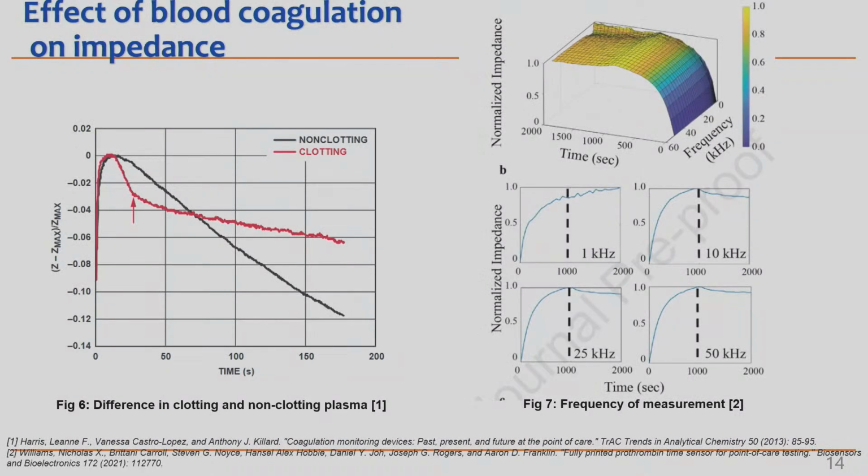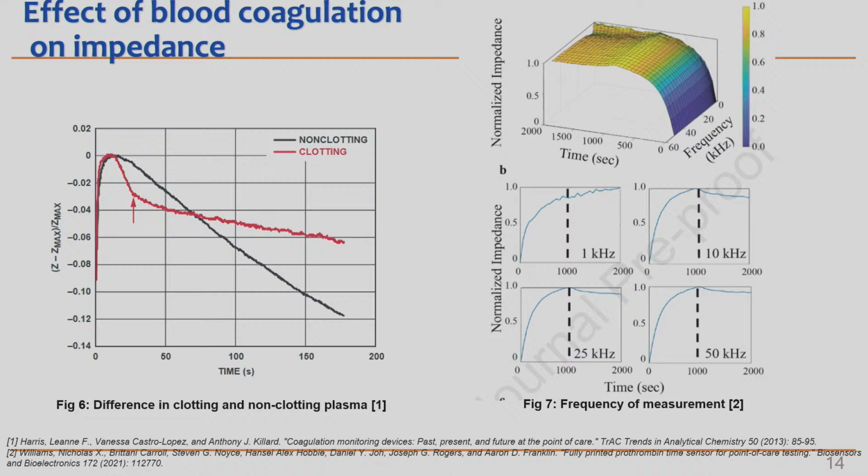The principle of electrochemical impedance is similar to resistance, except in this case we are using a sinusoidal current signal rather than linear current. This is a graph from literature that shows the difference in impedance while the clot is forming.